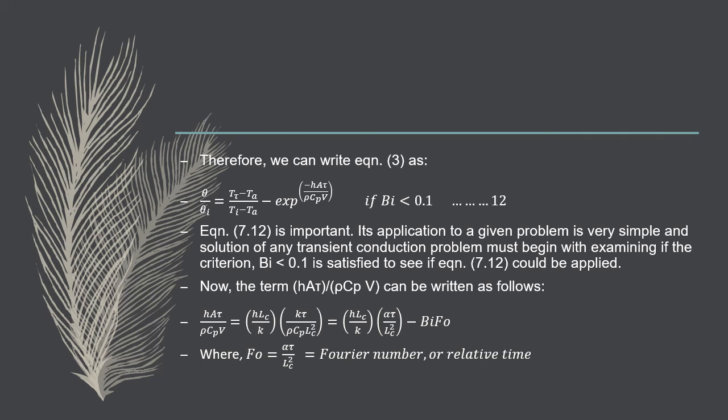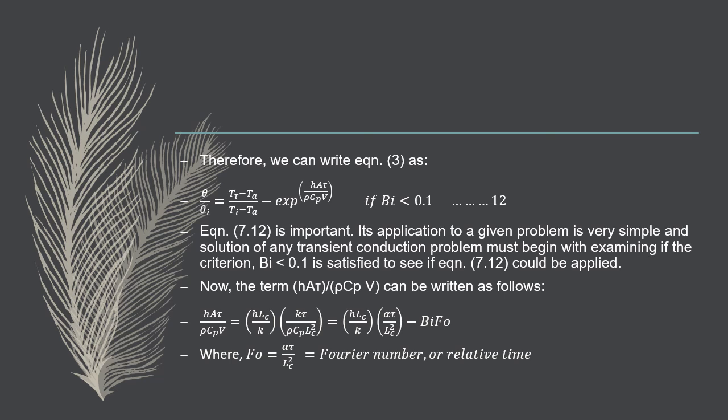Therefore, we can write equation 3 as θ/θi = (T(τ) − Ta)/(Ti − Ta) = exp(−hAτ/ρCpV) if Bi is less than 0.1.